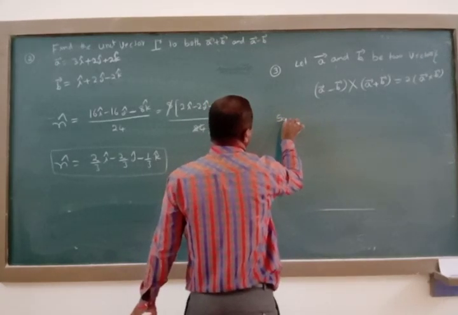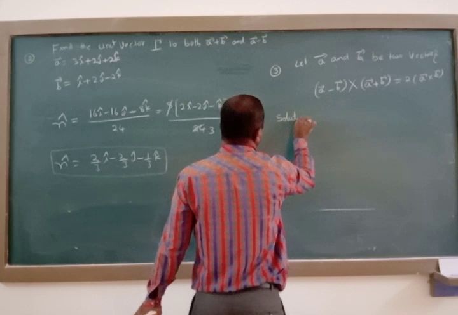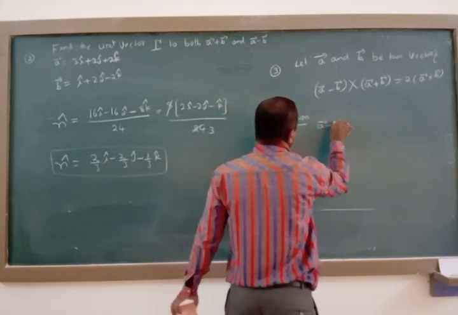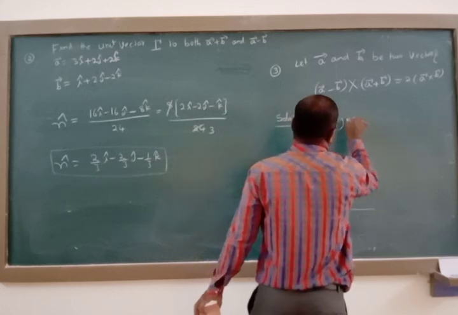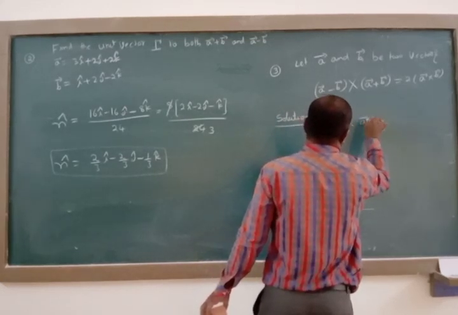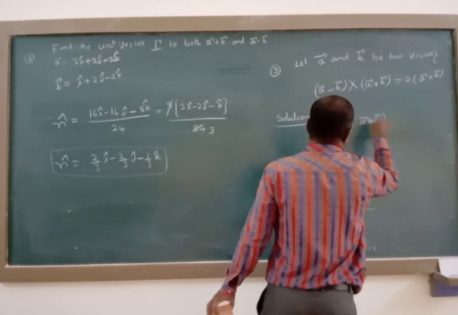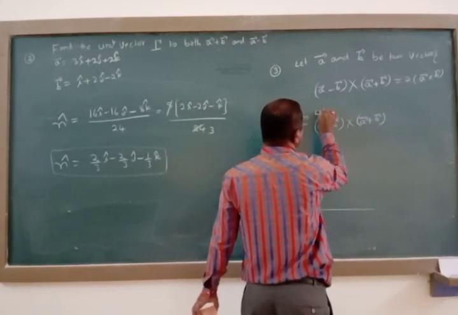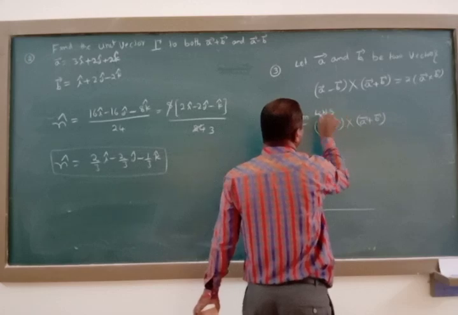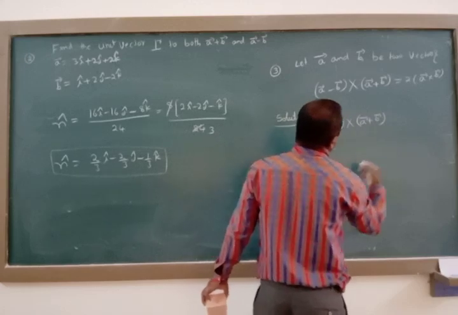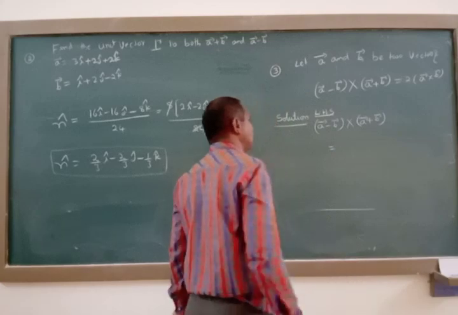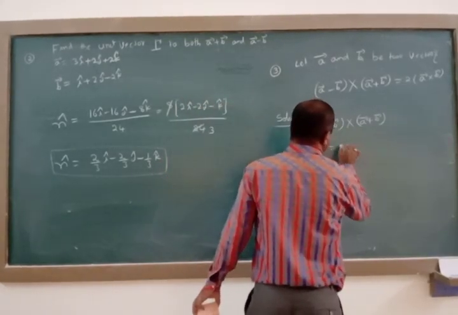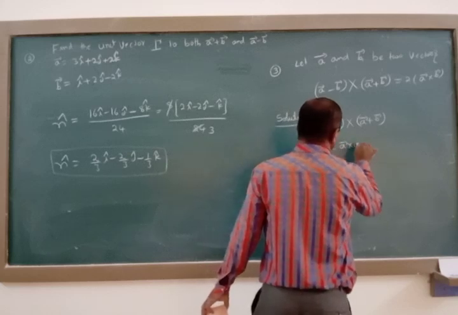Solution: a bar minus b bar cross a bar plus b bar. Take the LHS part, and finally you should get the RHS, which is 2 of a bar cross b bar. A bar cross a bar, that is a bar into a bar.